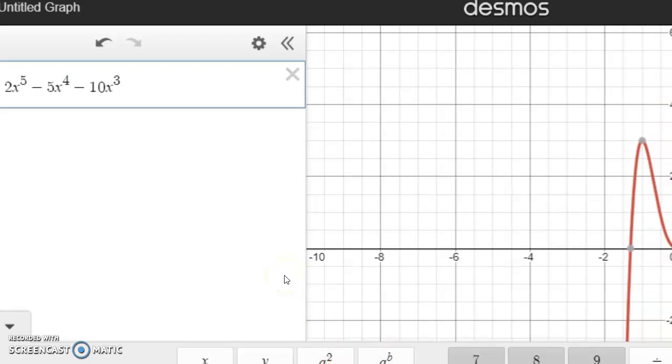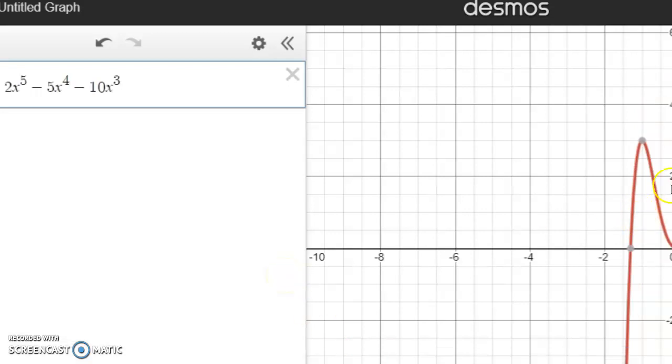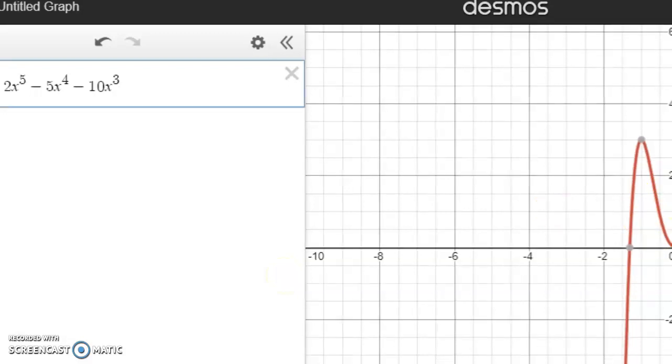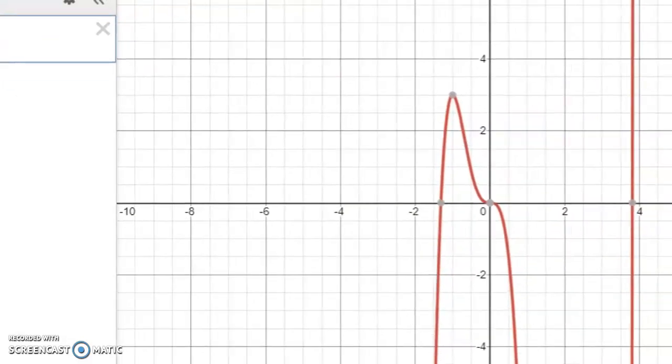Okay. And now I can see exactly what my graph is doing.